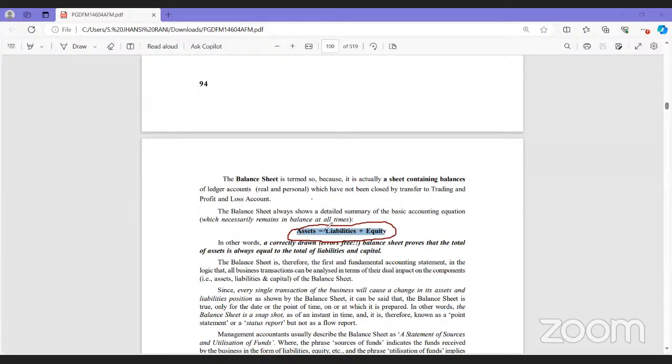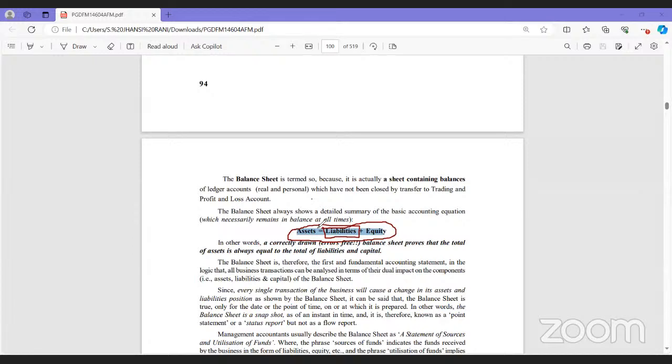Now, liabilities means where the organization owes to outsiders. Like capital, as we discussed in the first class on the business entity concept, where we differentiated between the owner and the business.